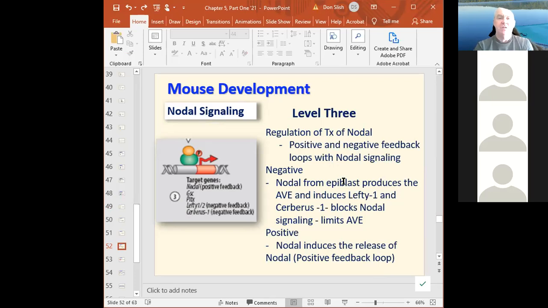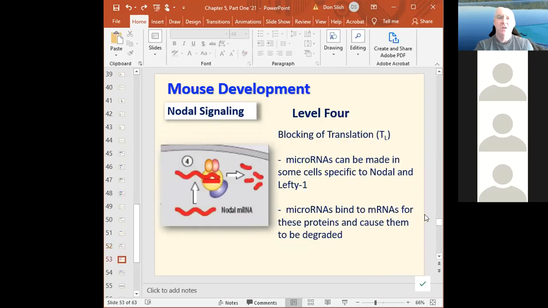So you've got this at the level of transcription, then you've got a couple different ways of controlling that. And then the third level, something we haven't talked about yet, I don't know how much you know, but if you had genetics, you may have heard about this, but microRNAs. MicroRNAs are small RNAs that are antisense to the signal, and so they bind to the messenger RNA of nodal and break it down.